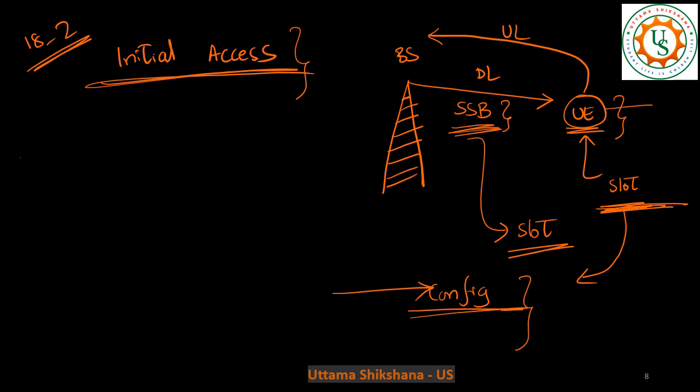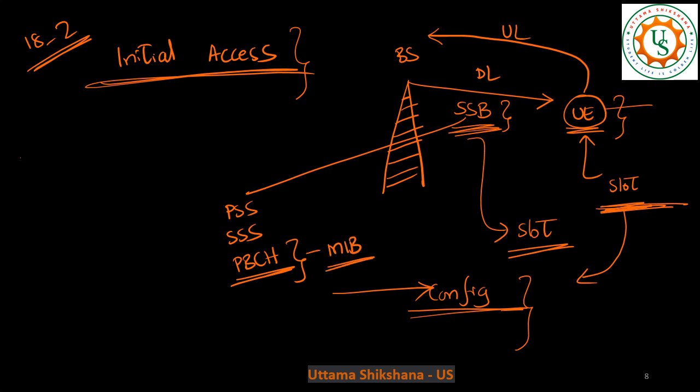One of the interview questions could be: initially it is going to get the minimum set of configurations, right? Under which channel will this information be present? This SSB consists of PSS, SSS, and PBCH. The PBCH is the physical broadcast channel, and in this channel we have the master information block.